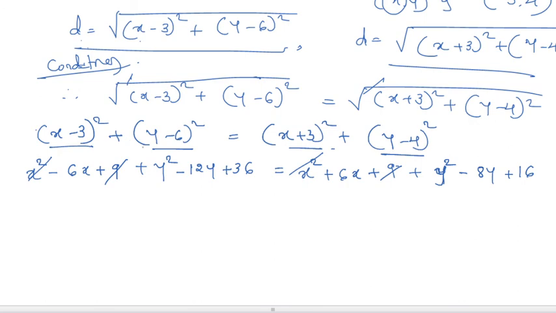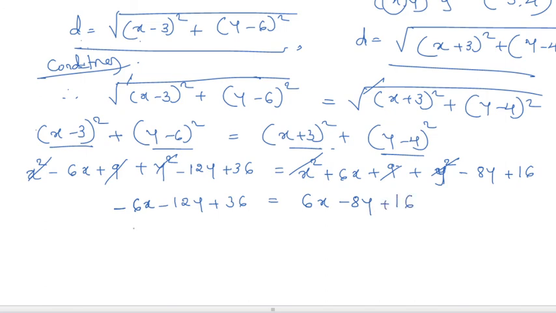Now write the remaining terms: minus 6x plus y squared minus 12y plus 36 is equal to y squared... Wait, I will cancel this one also, this y squared gets cancelled. So minus 6x minus 12y plus 36 is equal to 6x minus 8y plus 16.